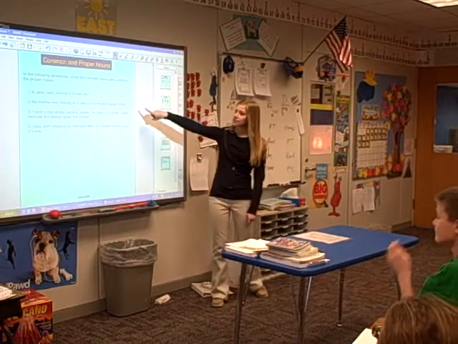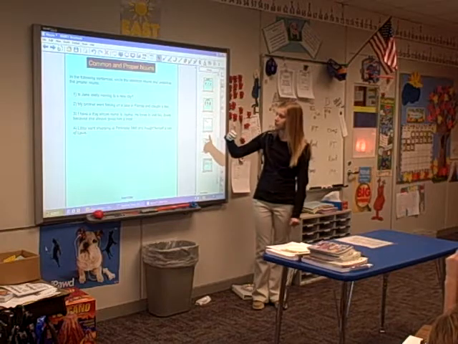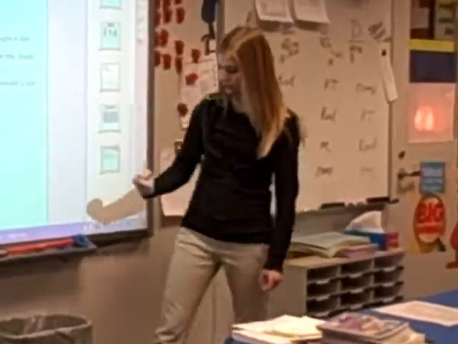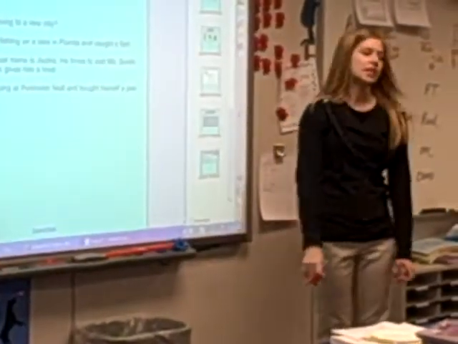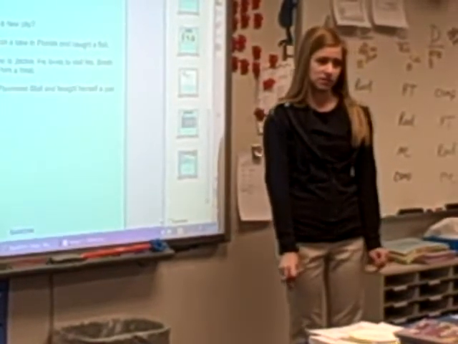All right. You have a worksheet that you're going to do. This is kind of how your worksheet's going to look. So what we're going to do is circle the common nouns and underline the proper nouns. Okay? So in this first sentence, is Jane really moving to a new city? What are our nouns? Person, place, thing, or idea.